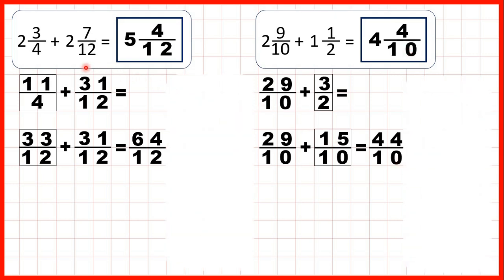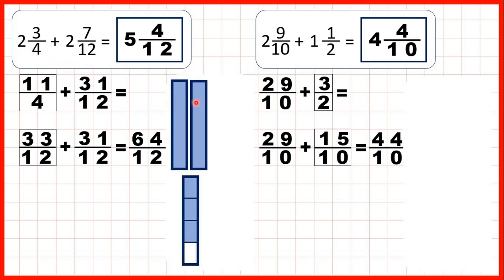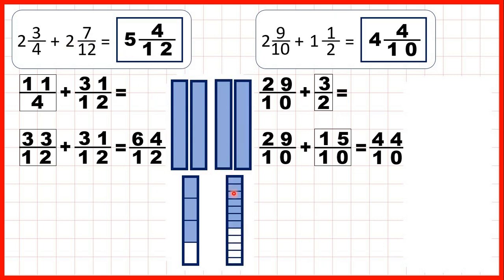So let's have a look at what we did here. For this first question, we had 2 3/4, and we were adding 2 7/12. We changed 2 3/4 into 11/4, and we changed 2 7/12 into 31/12.